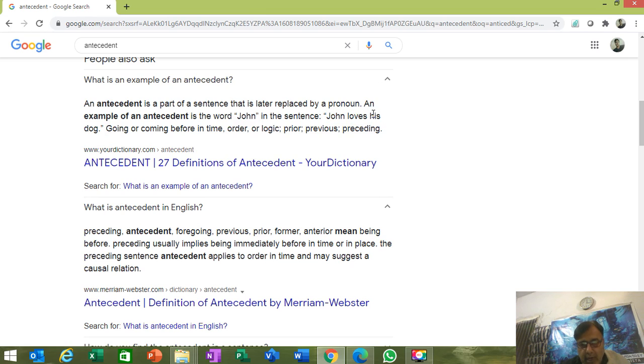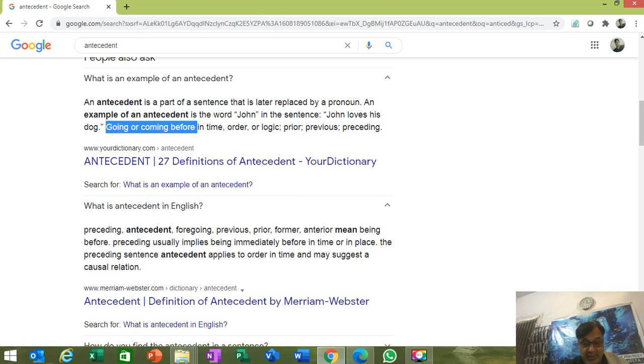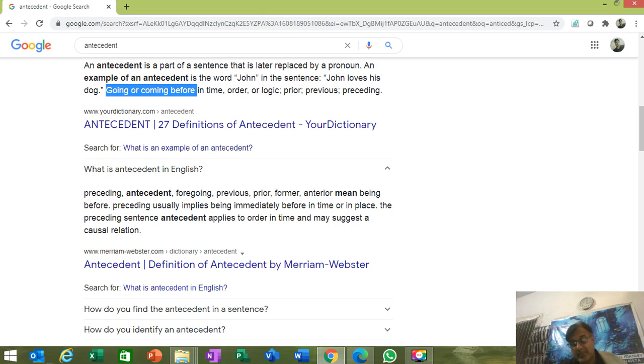Here the pronoun refers back to this particular John. So in this sentence, John is the antecedent. Simply, we can say it is going or coming before in time, order or logic: prior, previous. I think this is clear now for you.